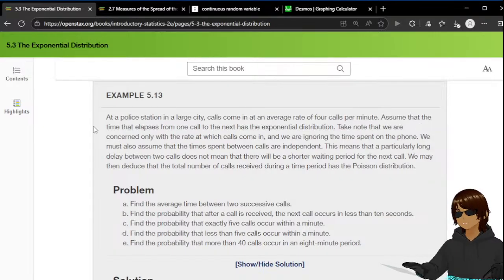Assume that the time that elapses from one call to the next has the exponential distribution. Find the probability that after a call is received, the next call occurs in less than 10 seconds.